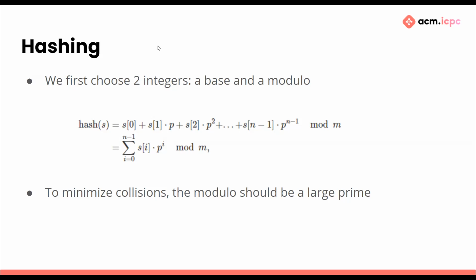So to minimize the number of collisions, the modulo should be a large prime number. And often people use 10 to the 9 plus 7. So that's just an example of what people use. And this is how you calculate the hash value for a given string. And most of the time it will be unique, but there could be collisions, and I'll go over how to minimize those collisions.